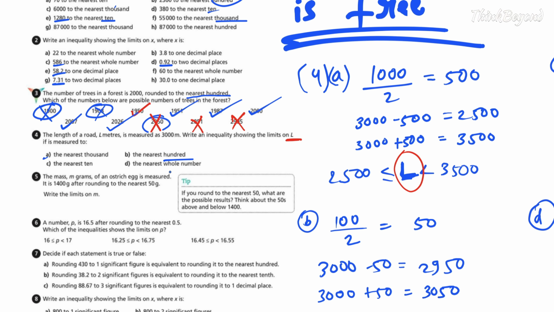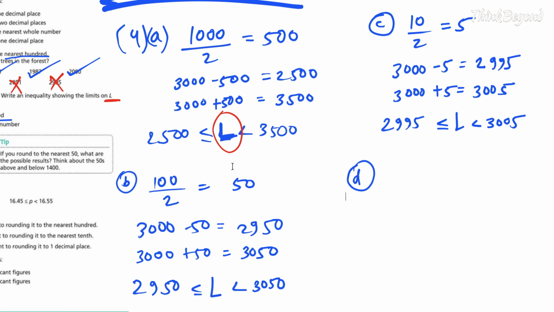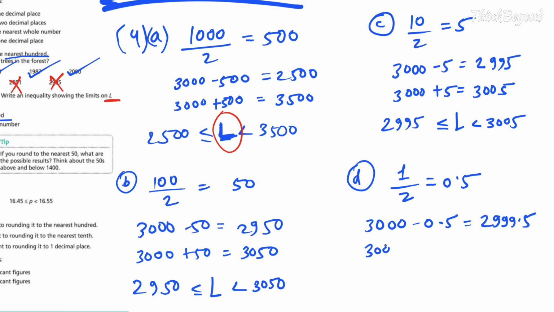To the nearest whole number. Nearest whole number 1. Half of 1 is 0.5. So 3000 minus 0.5 will give you 2999.5. Now 3000 plus 0.5 will give you 3000.5.